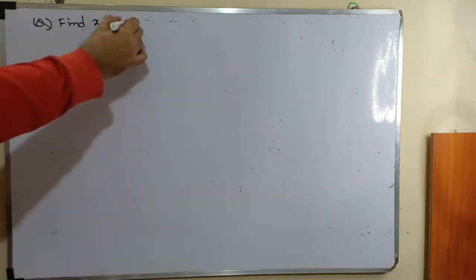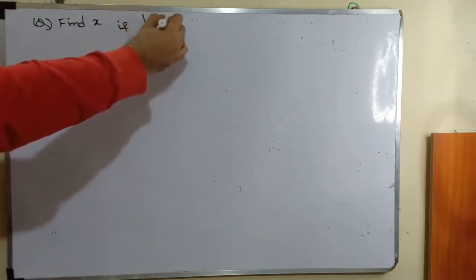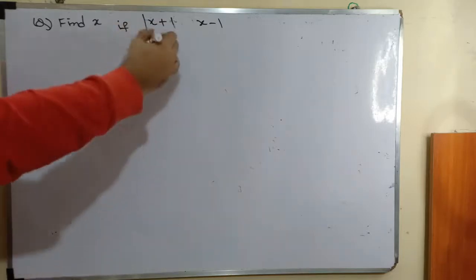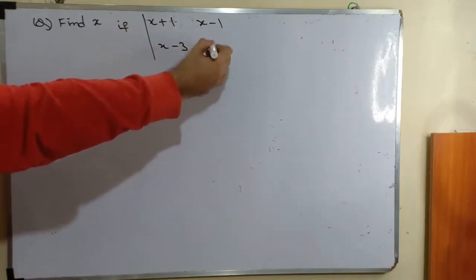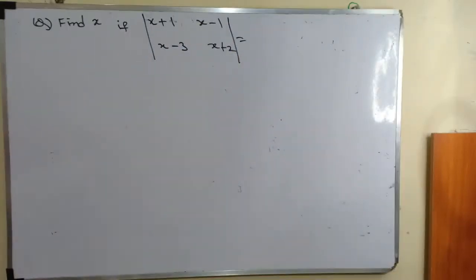That means if they have given det of [x plus 1, x minus 1; x minus 3, x plus 2] is equal to det of [4, minus 1; 1, 3].